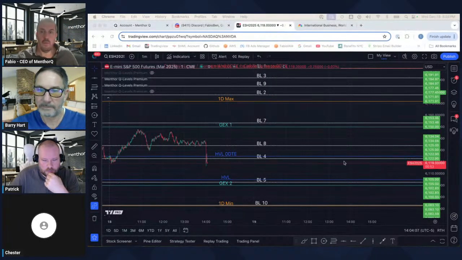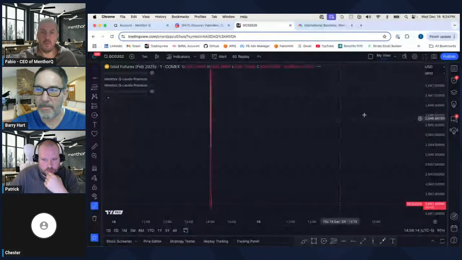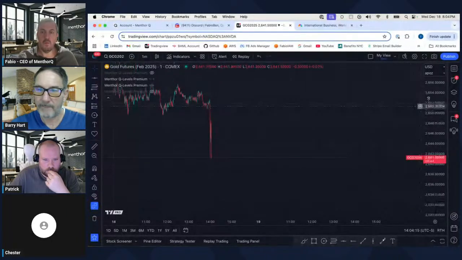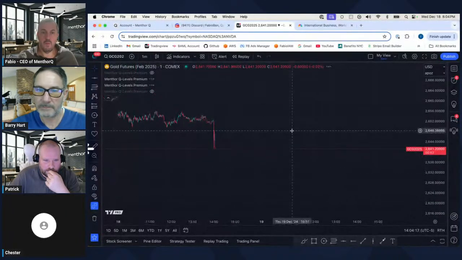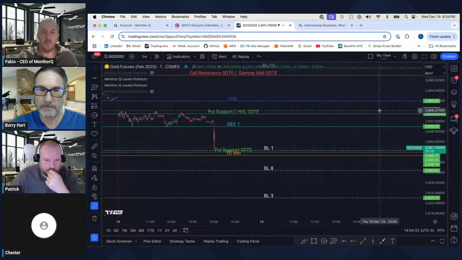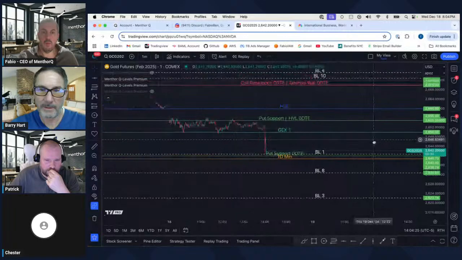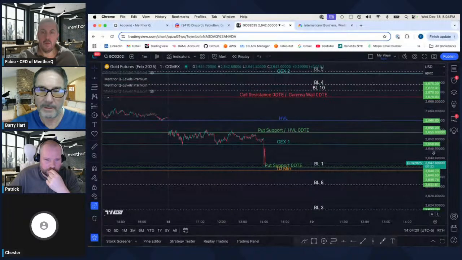Silver as well, copper, all the precious metals tied to the dollar, because the dollar makes a new multiple-week high, trading around November highs. Yeah, interesting. Let's see how it evolves in the next 30 minutes.